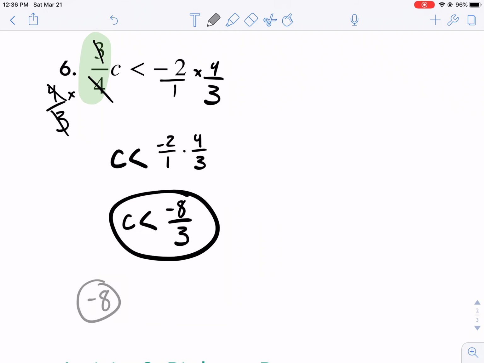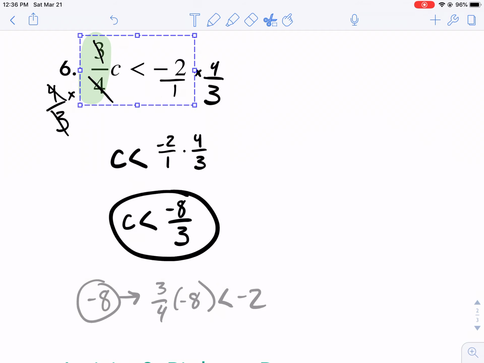Negative 8 is certainly less than negative 8/3. So is it true that 3/4 of negative 8 is less than negative 2? Again, we're checking by plugging into our original inequality up here. Well, 3/4 of negative 8 is negative 6, and negative 6 is less than negative 2.